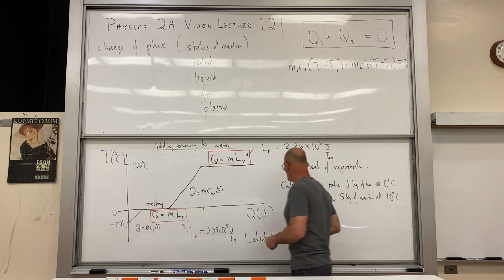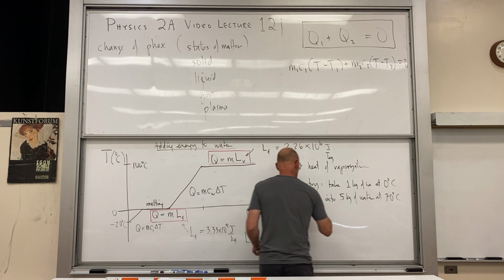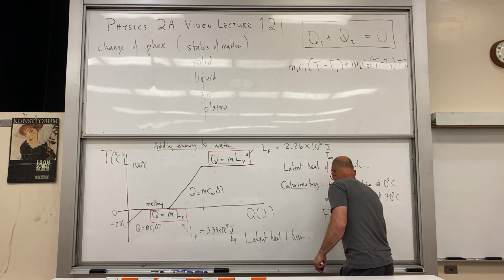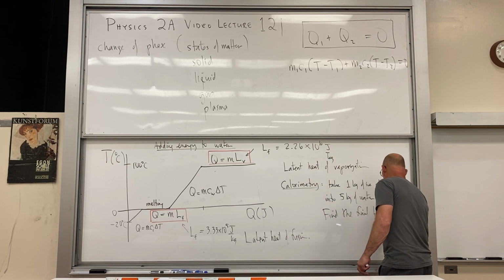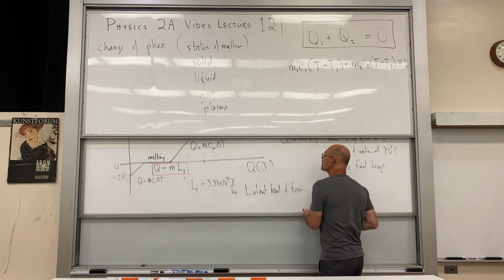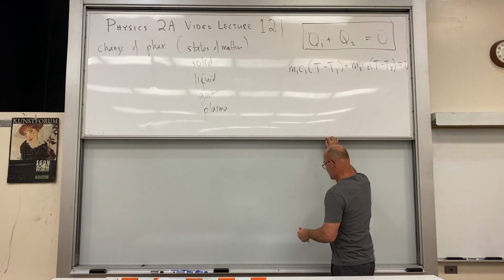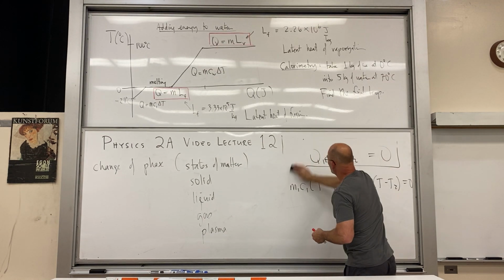The question is, what's the final temperature? Find the final temperature. Okay, so let's send this up here and have a look. It's going to be the same theme as what I just wrote here.